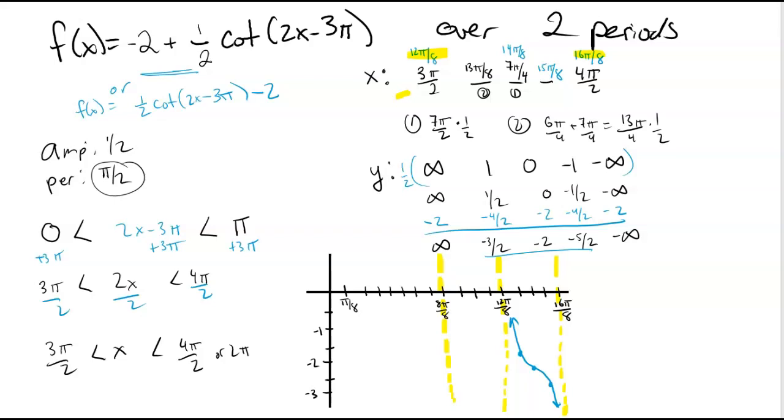I repeat this process one more time. So -3/2, -2, and then -5/2. Try to make the second period look like the first period, and you're done. You could have gone positively, could have gone that way. We can actually make quite a number of periods on this cotangent. And that is how we graph tangent and cotangent.